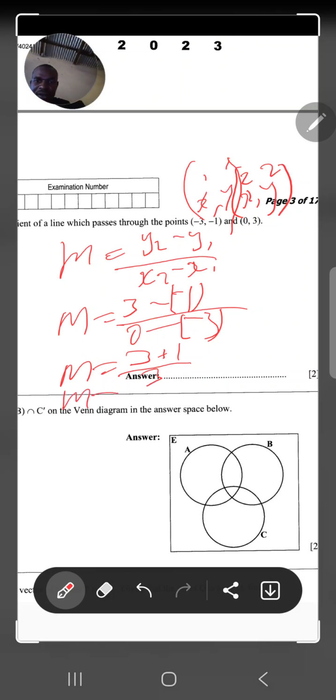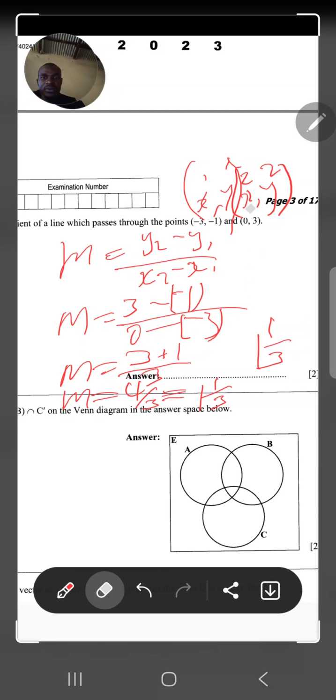So gradient will be equal to 4 over 3, which is equivalent to 3 into 4, 1, remainder 1 over 3. So the final answer is just 1 over 3. This is the final answer.